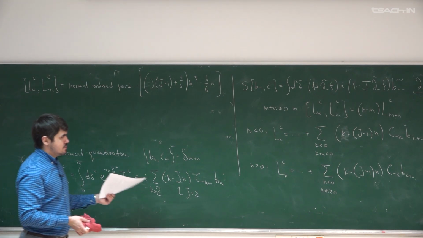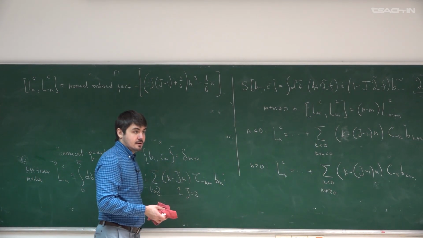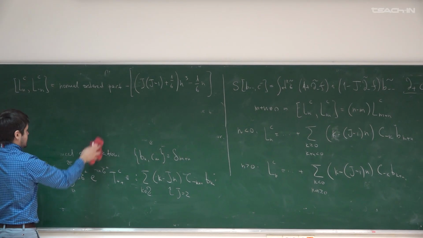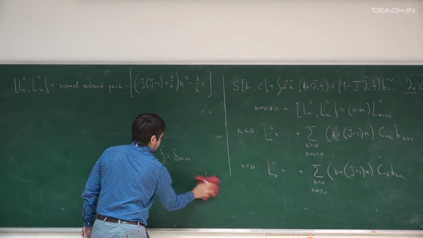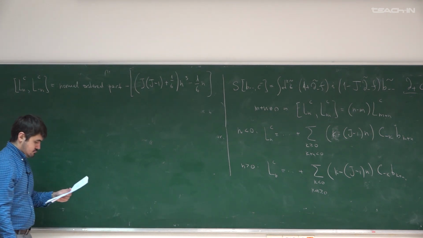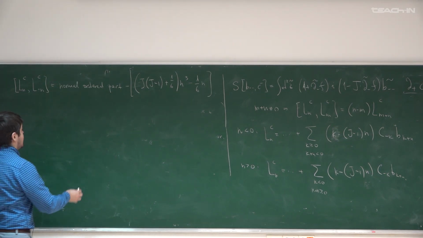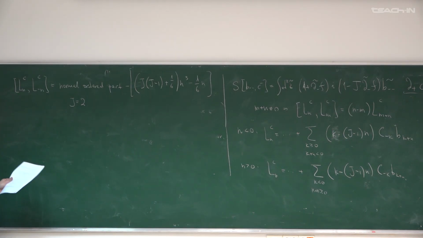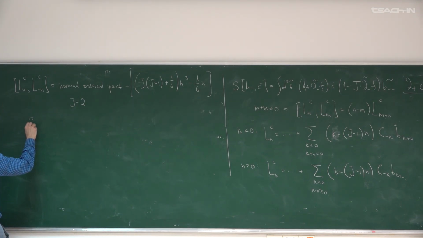I will not do the calculation, but you need to commute these two terms and reorder them after you commute. Then you get some remaining sum, which is computed and gives this. Then we set j equal to 2, and we compute the total central charge.